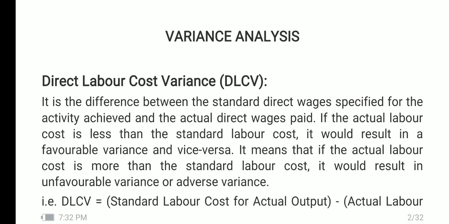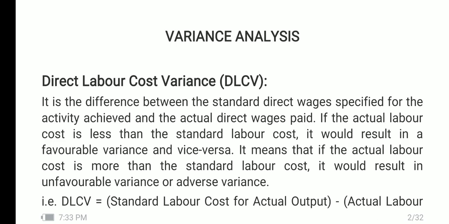If the actual labor cost is less than the standard labor cost, it would result in a favorable variance and vice versa. It means that if the actual labor cost is more than the standard labor cost, it would result in unfavorable variance or adverse variance.